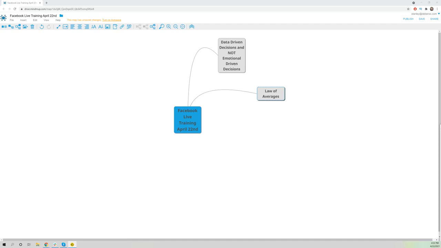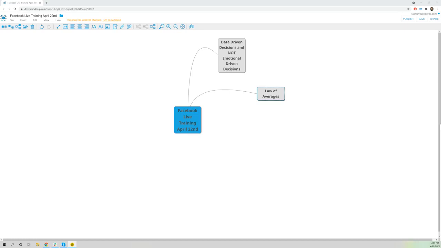We used the example of the coin toss last time. If you toss a coin 4 times, and it falls on heads only 1 time, you could say the probability of landing on heads is 25% because it's 1 out of 4.